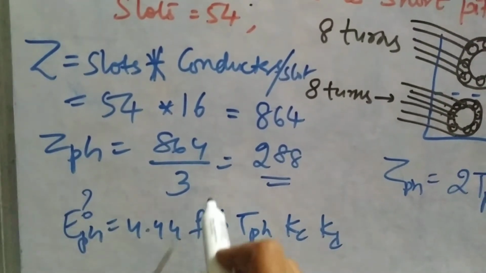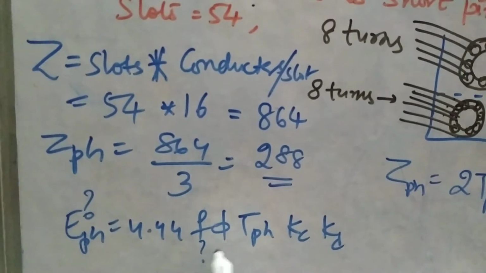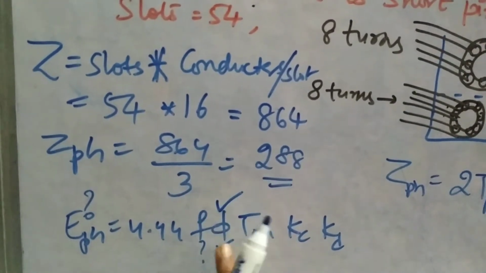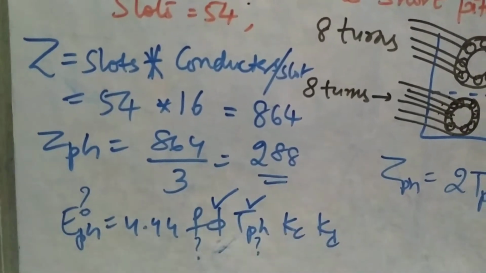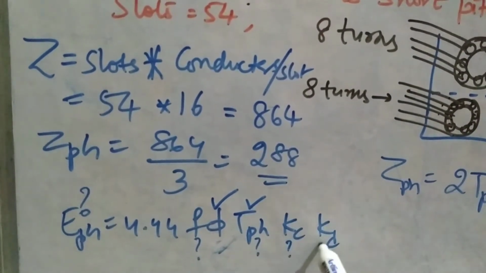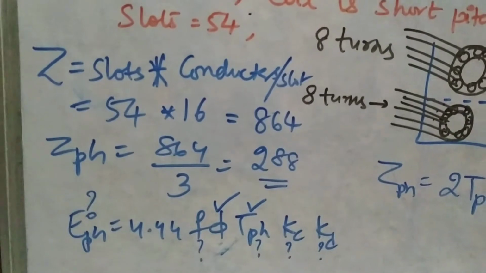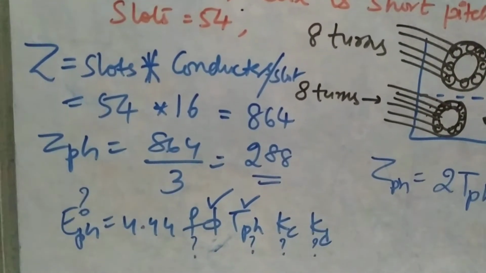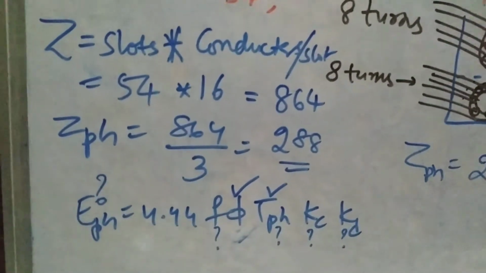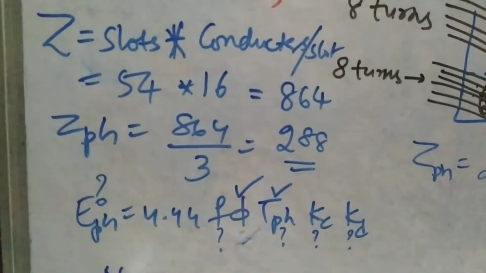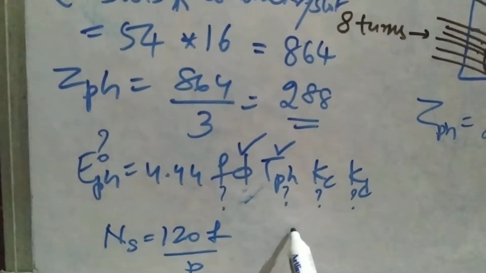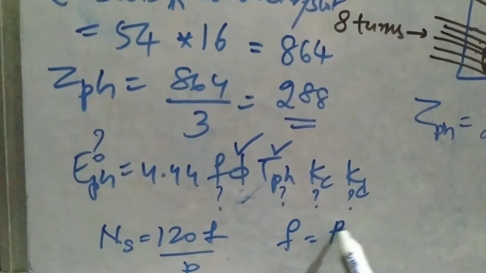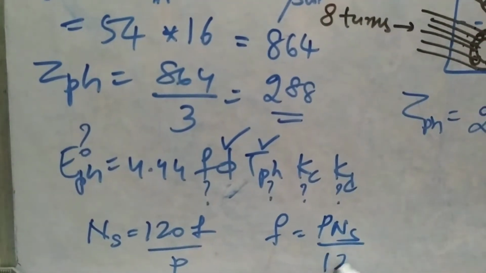Frequency we can find, which is a question mark. Flux is given. Turns per phase was a question mark, but we have found it just now. We need to find out Kc as well as Kd. To find the frequency, as you all know, Ns is equal to 120 f divided by P. So f is P into Ns divided by 120.